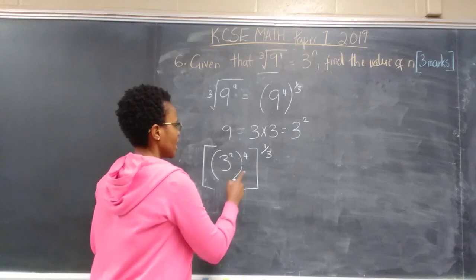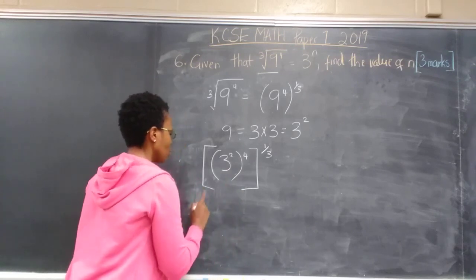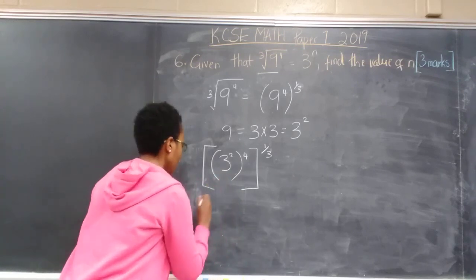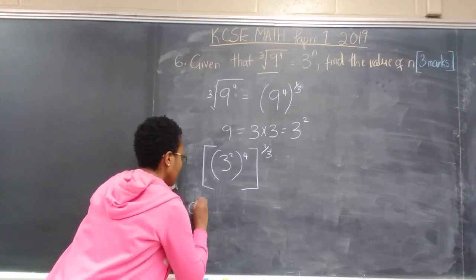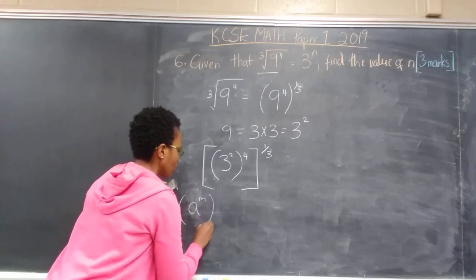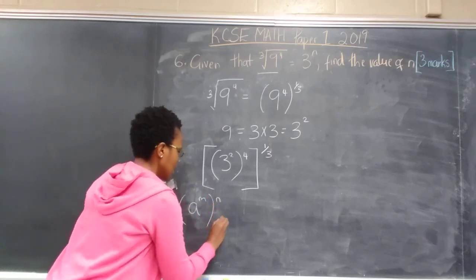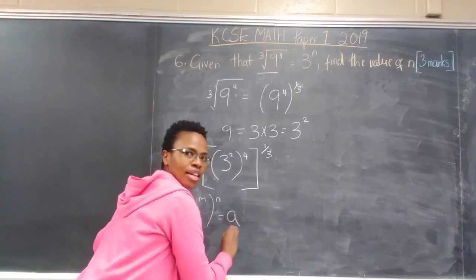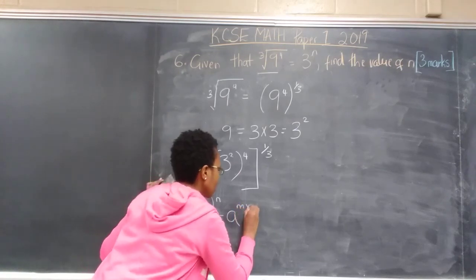According to the laws of indices, if you have a number a to the power of m, and then all of that is to the power of n, this is the same as a to the power of m times n.